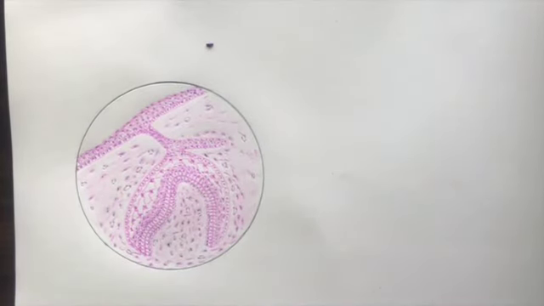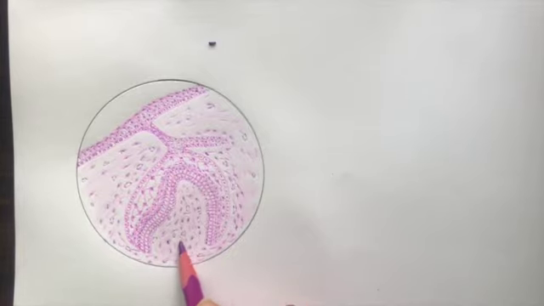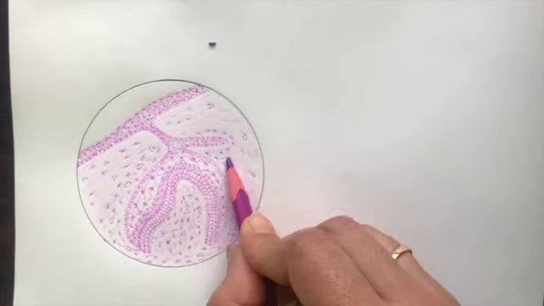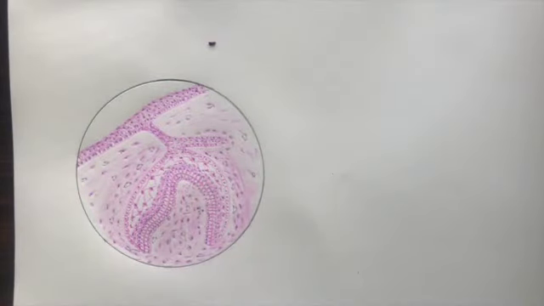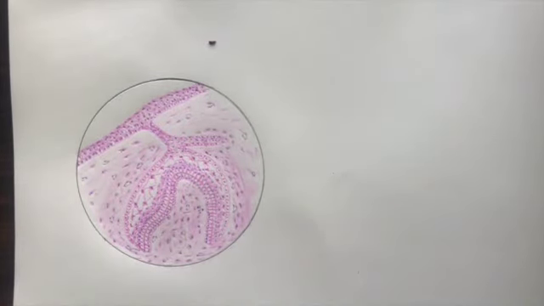Once we have drawn the nucleus, we can just darken the area a little bit more. So this is the drawing of early bell stage. We shall start labeling this.